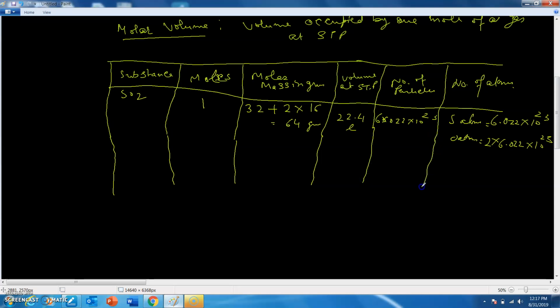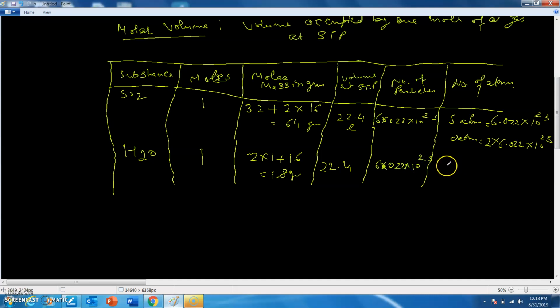Next, we can take the case of, let's say, water. Number of moles is 1 and molar mass is 2 into 1 plus 16, 18 grams, and this is again 22.4 liters, and 6.022 into 10 raised to power 23 particles.